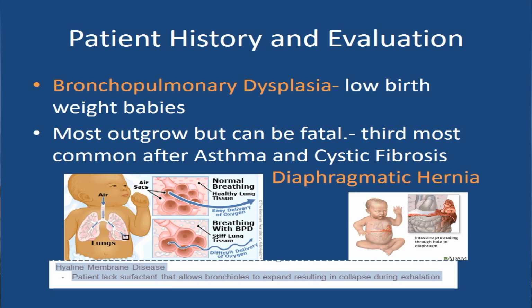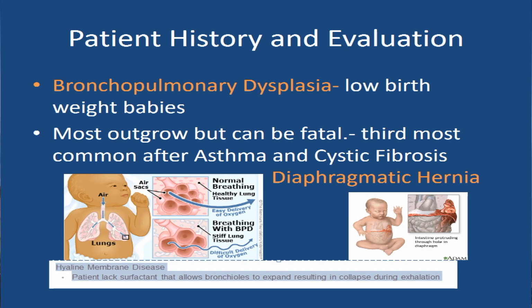Then children with diaphragmatic hernias: a portion of the diaphragm herniates into the pleural cavity, and they lack the surfactant that allows bronchioles to expand, resulting in collapse during exhalation for the kids with hyaline membrane disease.